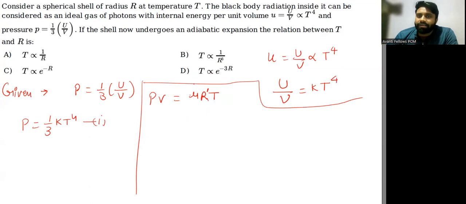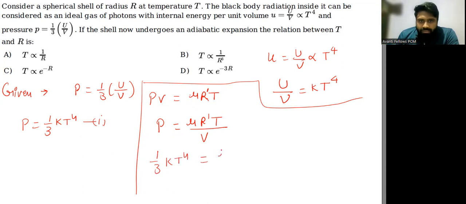Now pressure here is equal to mu R dash divided by V into T. Put the value of pressure, which is 1/3 times K T raised to the power 4, equals mu R dash T divided by V. You can cancel this temperature with this. So this will become 1/3 times K T cube is equal to mu R dash.